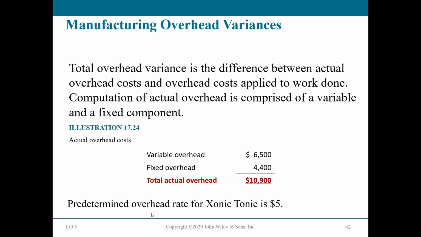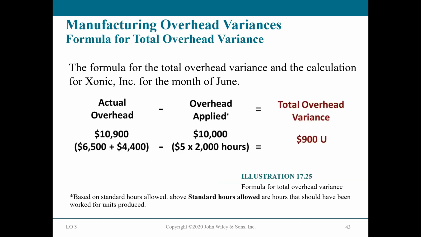The predetermined overhead rate was $5. So the formula for total overhead variance would look at the actual overhead of 10,900 minus the overhead that should have been applied, $5 times the 2,000 hours expected. So we had a $900 unfavorable total overhead variance.